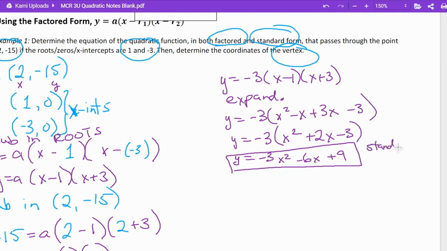Try to do this on your own and check with my answer. See if you agree, or if you have questions.